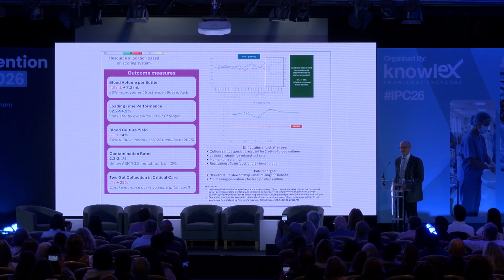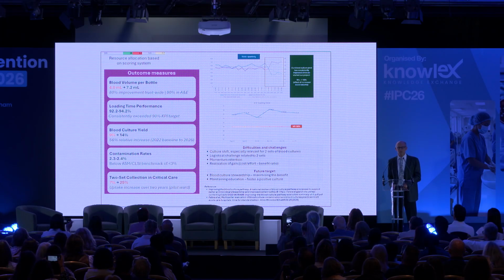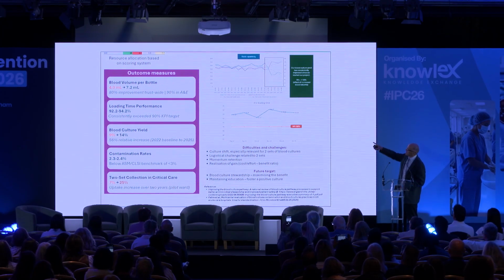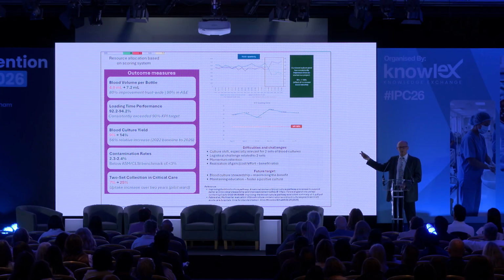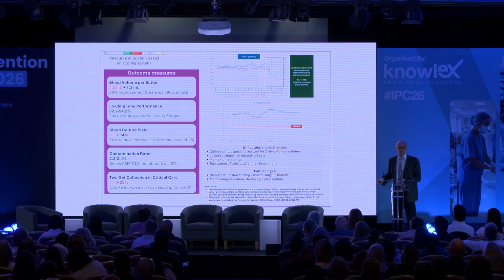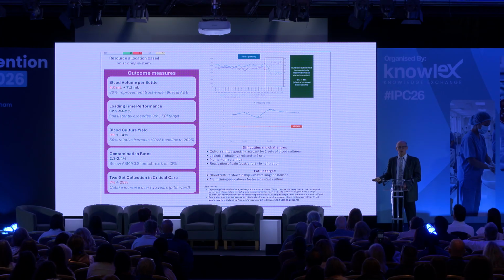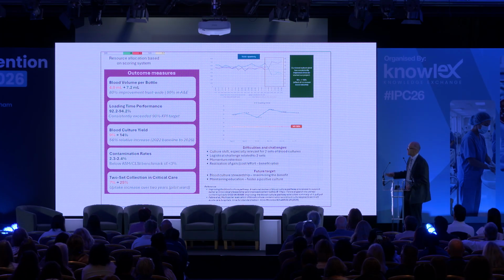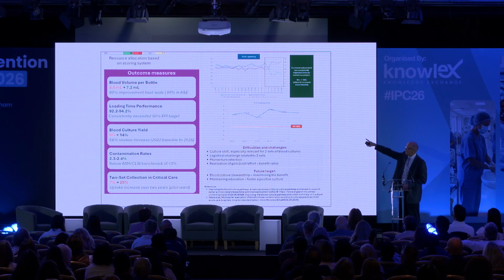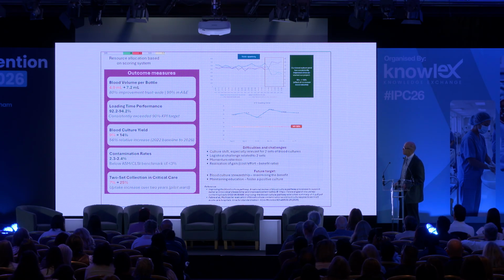Because you think, why is he talking about how well a blood culture's performed? Well, if you do it properly, you put the right amount of blood into the bottles rather than however much is left in the syringe that the phlebotomist or junior doc has got, rather than concentrating on the right amount, the optimal amount. And they increased from 4 mils to 7.2 mils per bottle.